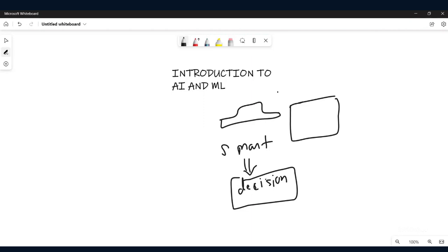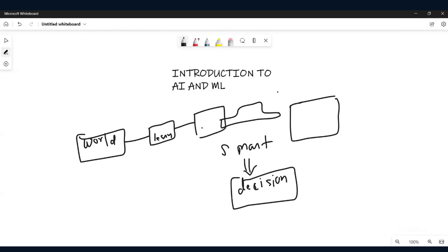Now, how do we make smart decisions? So let's say we are part of this world. We are born in this world, then we learn a lot of things, and based on that learning, we make smart decisions. Like if you send a kid to buy some vegetables from the market, he cannot buy good veggies.